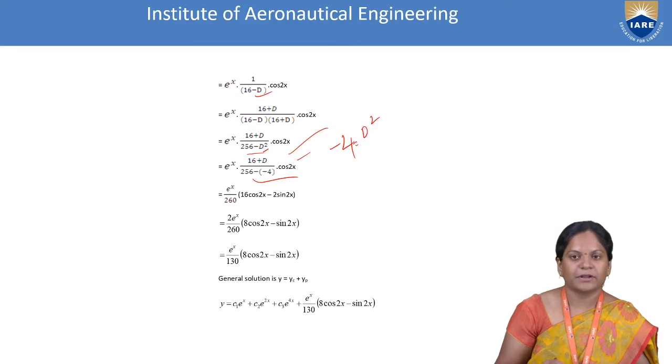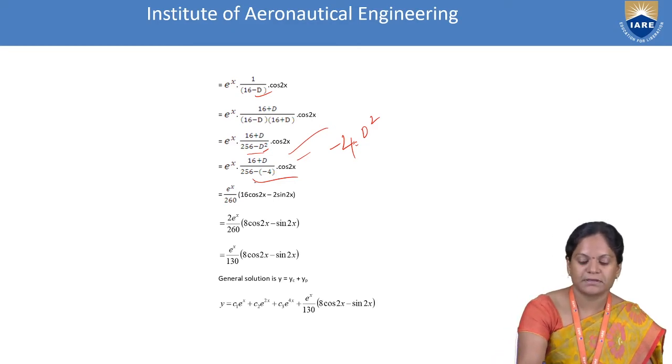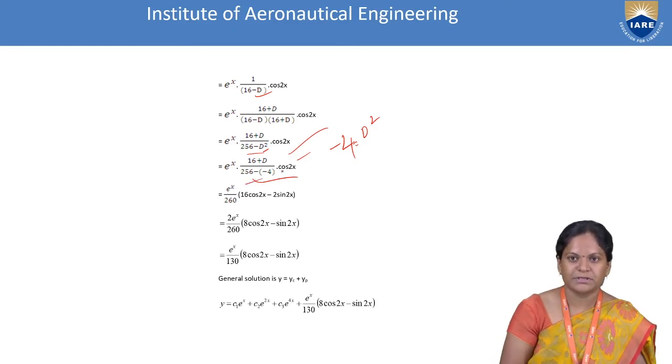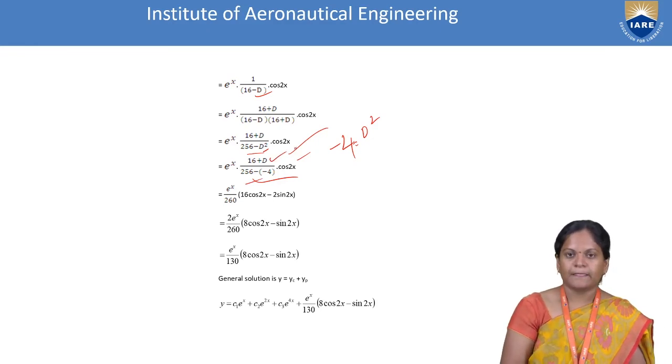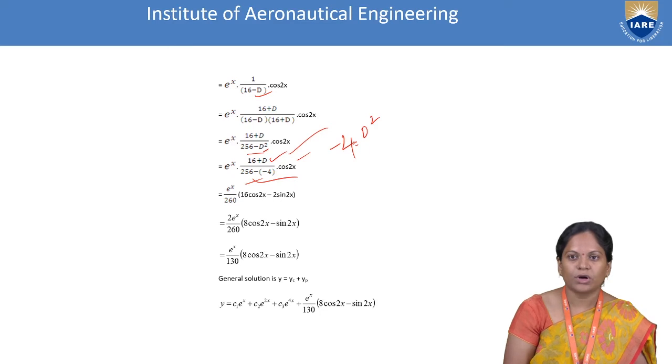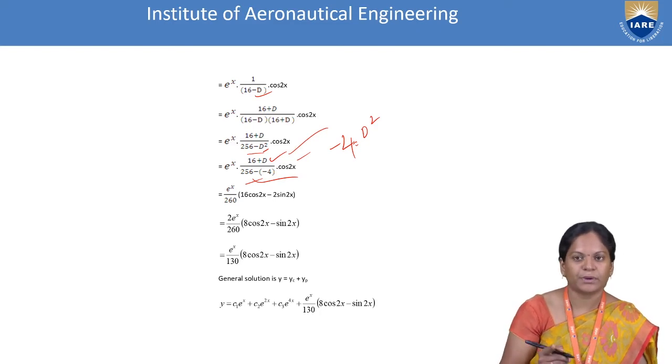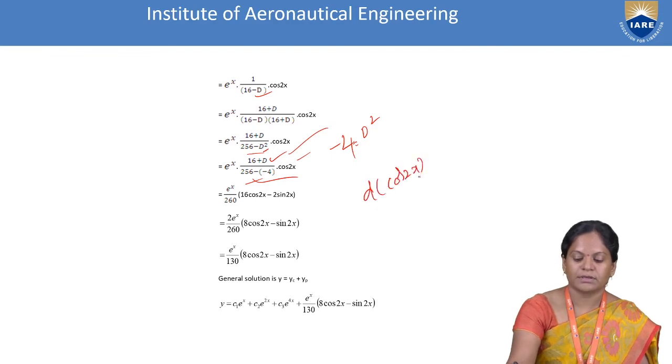Now e power x by denominator 256 plus 4, which is 260. And the numerator is 16 plus d into what? Cos 2x. So multiply 16 into cos 2x is 16 cos 2x. And differentiation of cos 2x is minus sin 2x into 2, nothing but minus 2 sin 2x.